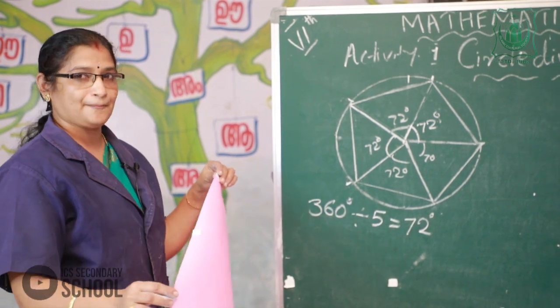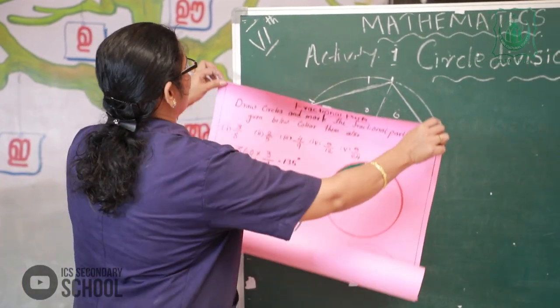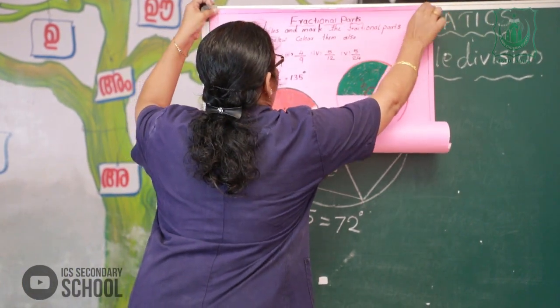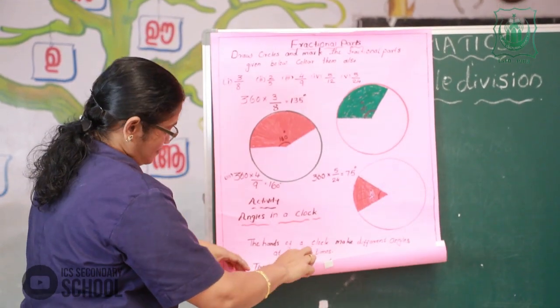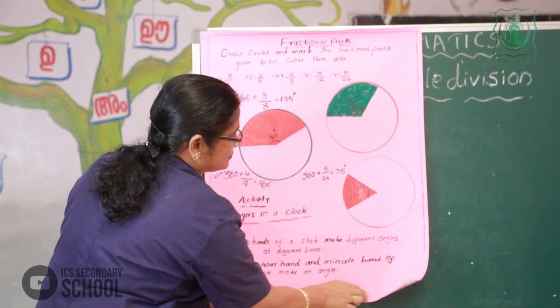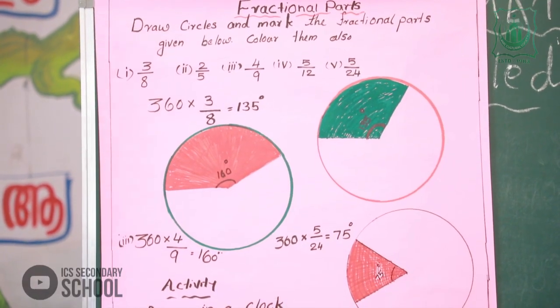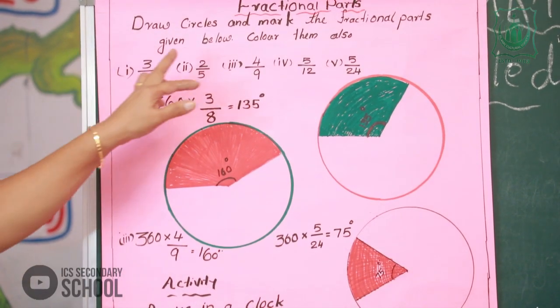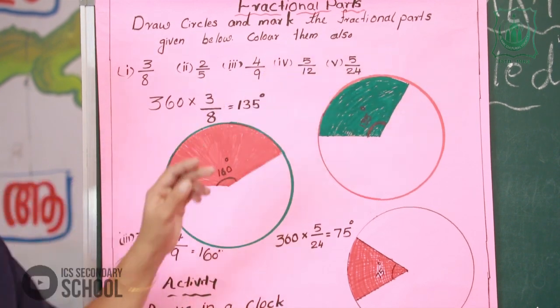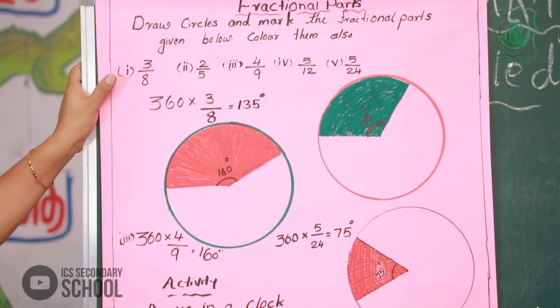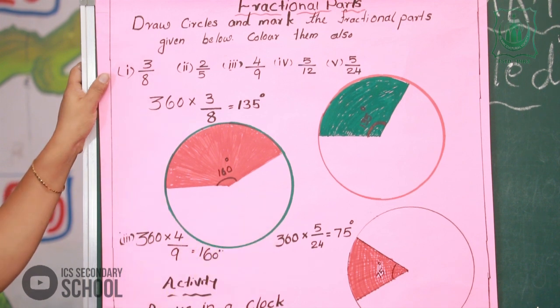Next activity, fractional parts. Draw a circle and mark the fractional parts given below. Color them also. Color the part 3 by 8.